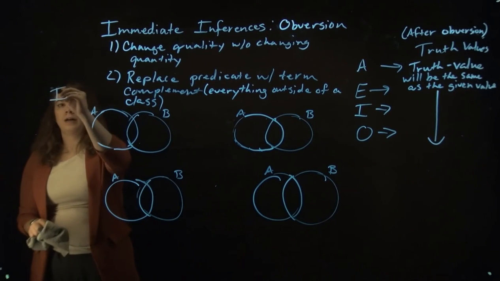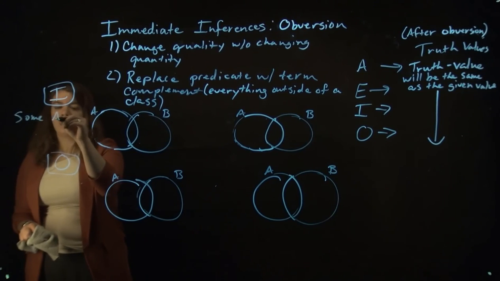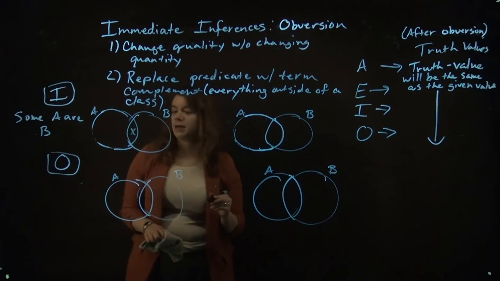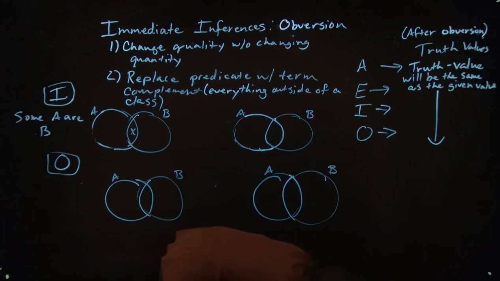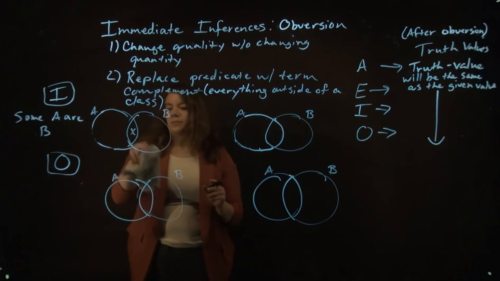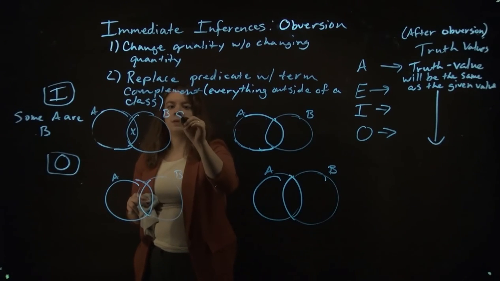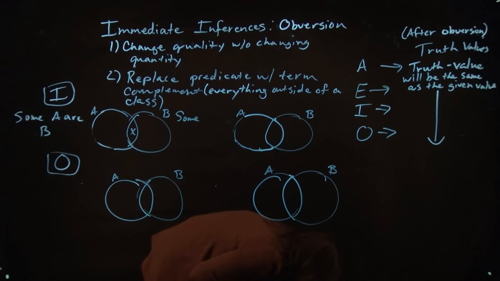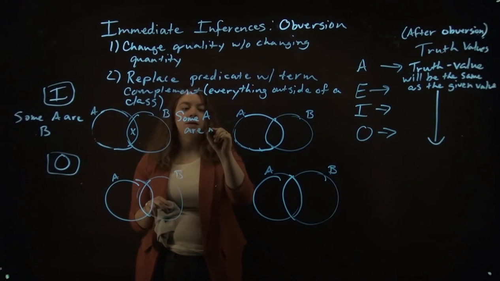So if we're dealing with our I and our O, some A are B should look like this. You have at least one thing that is identical with both here, and then the obversion of this would be, in this case here, some A are not non-B.